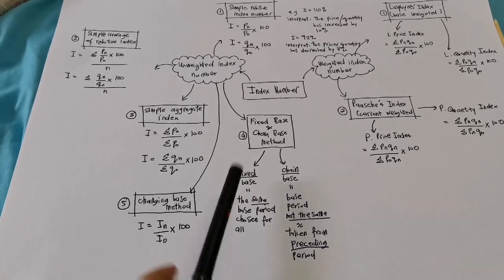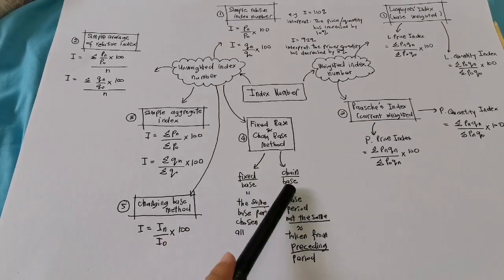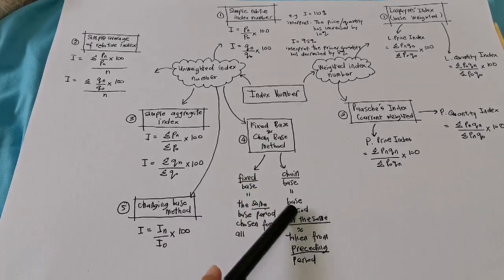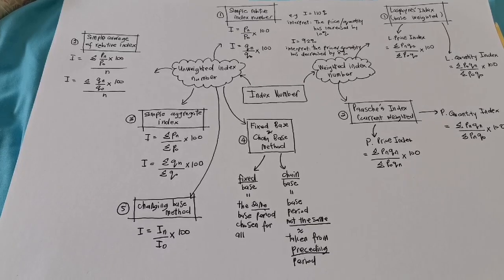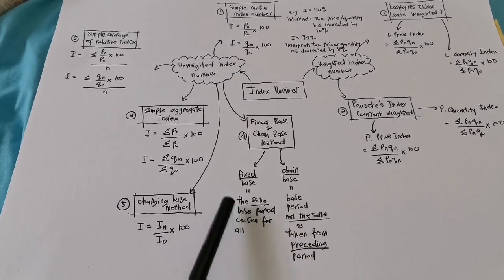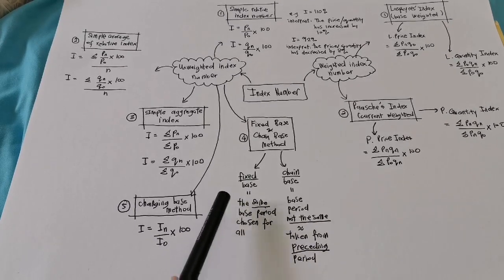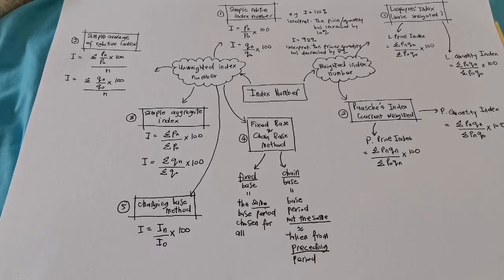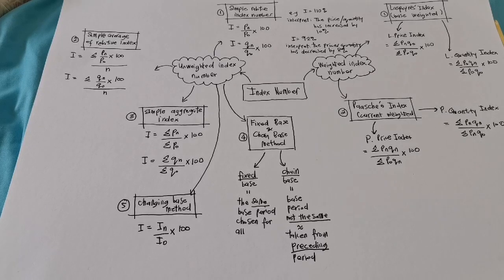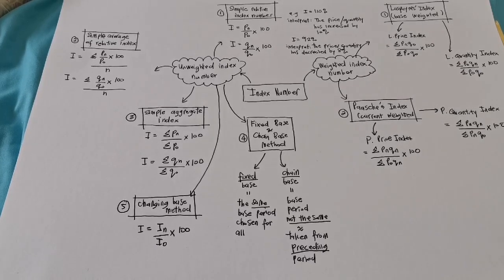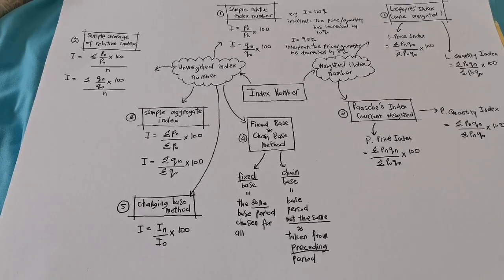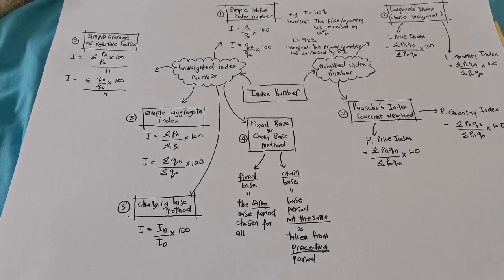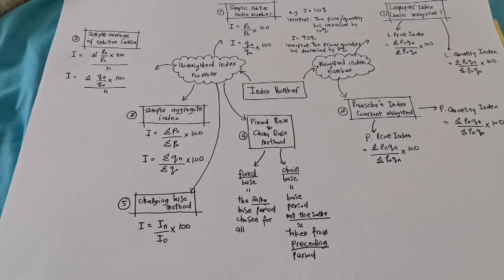We have two methods. Either we choose the fixed base method or the chain base method. When we say it is a fixed base method, it means we are using the same base period for all the periods that we are trying to calculate. For example, we have data from the year 2010 until 2020, so we use 2010 as our base period.